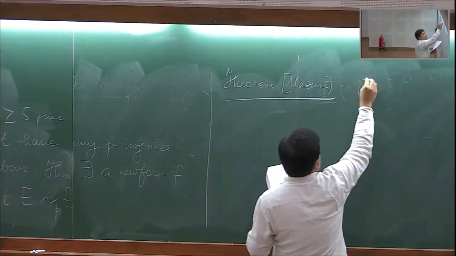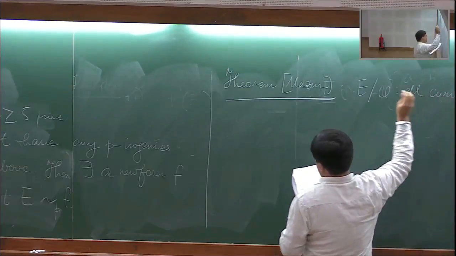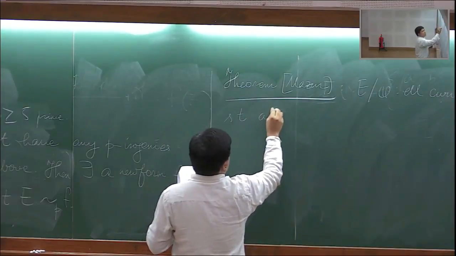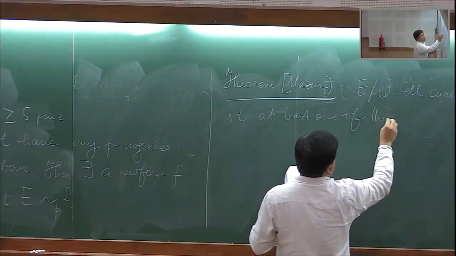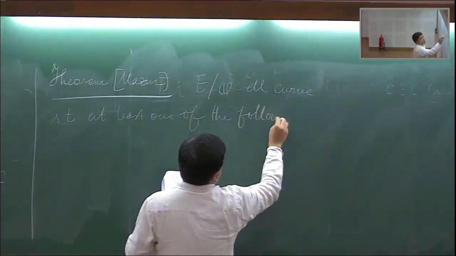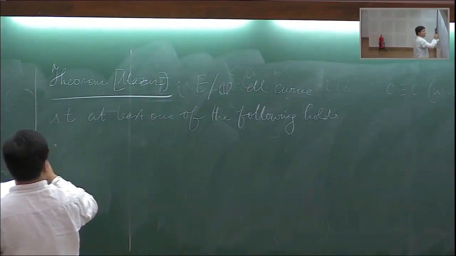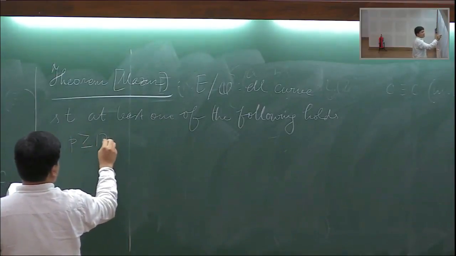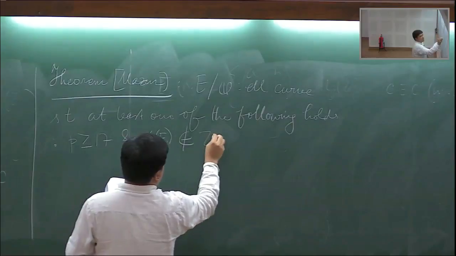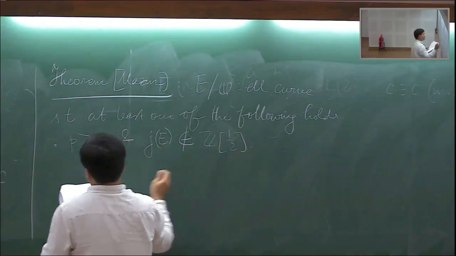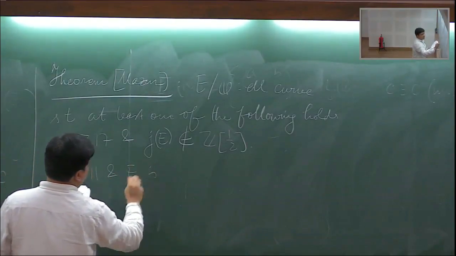Okay, so E over Q, again as before, is an elliptic curve such that at least one of the following holds. First, P is bigger than or equal to 17, and the j-invariant of the elliptic curve does not belong to a given set. Second, P is bigger than or equal to 11, and E is semi-stable.